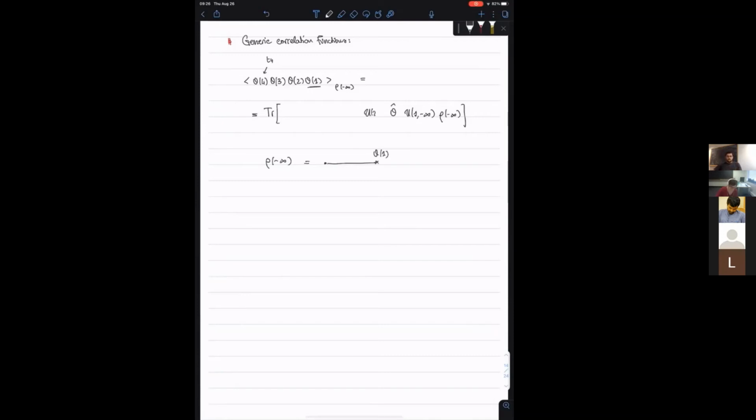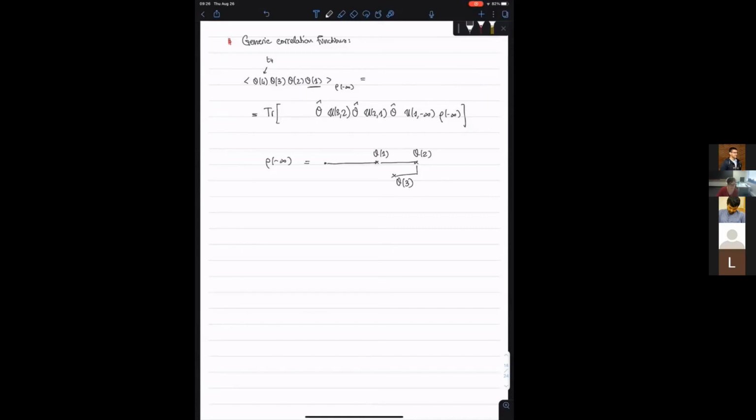Then I evolve it further to the second operator, then I evolve it forward, but let's say that the time at which the operator 3 is defined is somewhere smaller than the time at which the operator 2 is defined.